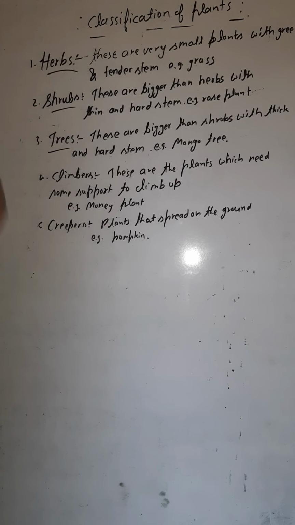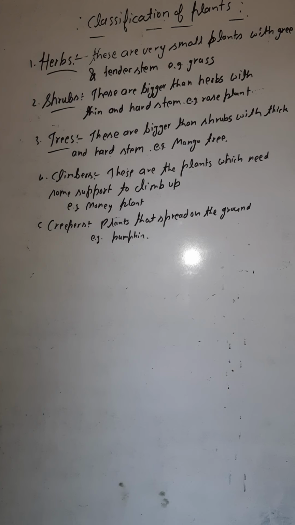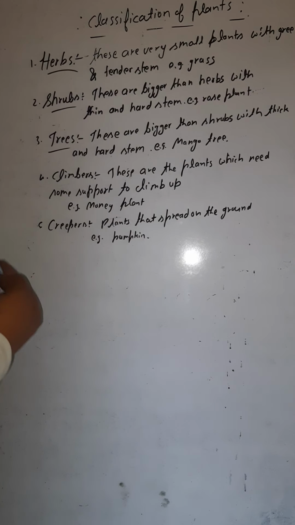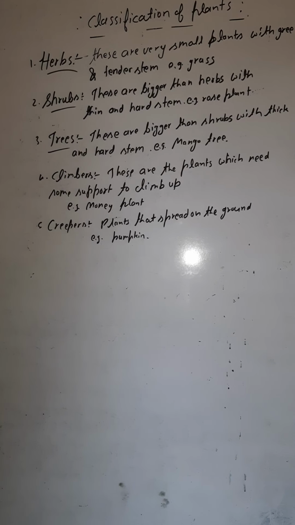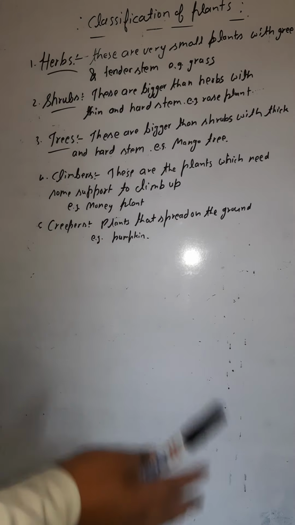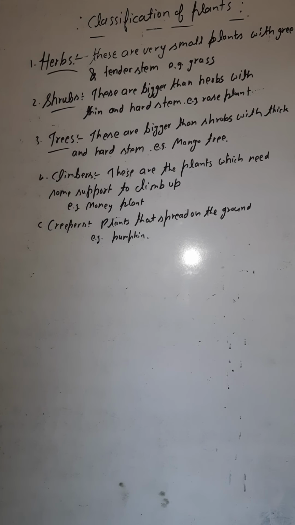Trees are bigger in size than shrubs, with a thick and hard stem, for example the mango tree. Next are the climbers, plants which need support to climb up, for example the money plant. Next are the creepers, plants that spread on the ground, for example the pumpkin.